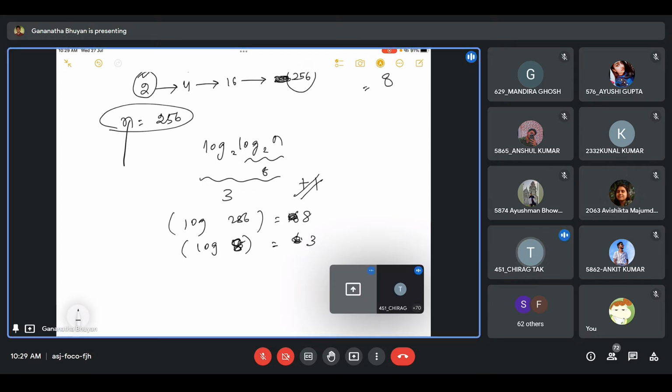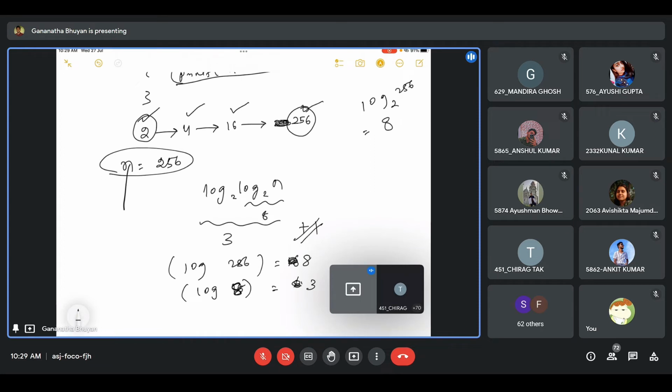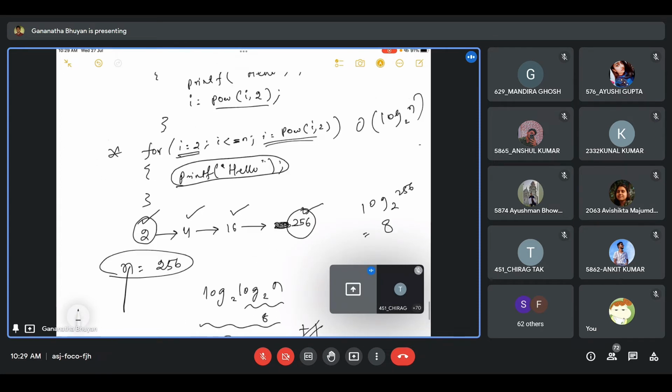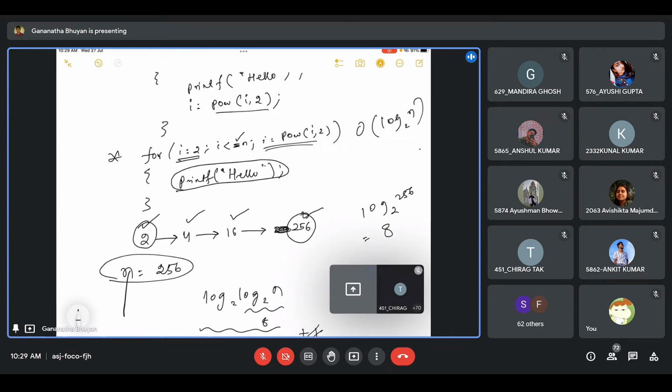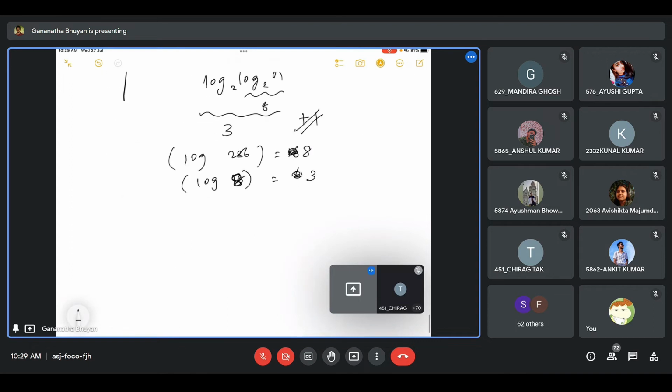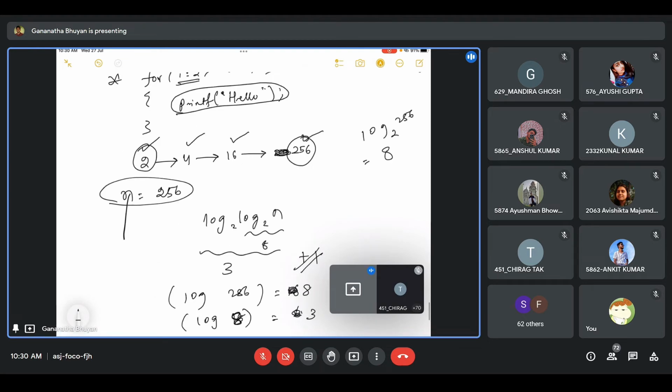And basically we are taking 3 steps. अगर यहाँ पर if this equal to is not there, then we are taking only 3 steps. If this equal to is there, then we are taking 3 plus 1 more step. So the number of times is log n plus 1, or plus constant, I can say log n plus constant. So this will be order of log n. If anyone is having doubt, you can ask.